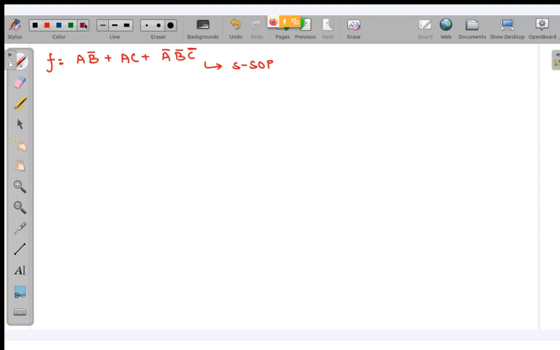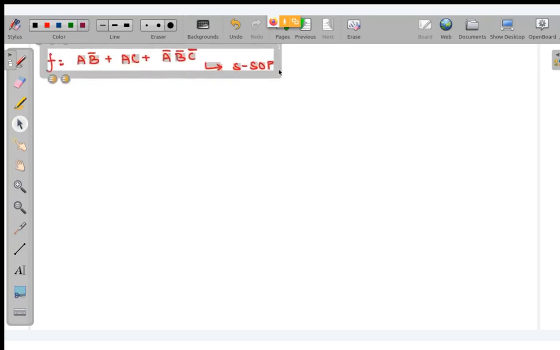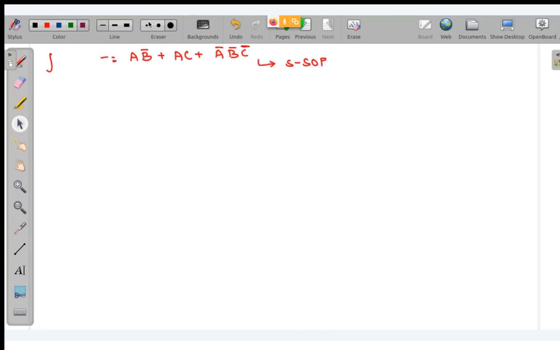So this is basically a 3 variable function. I should have written it like this, I'm very sorry. If I want to convert it into standard SOP, here C is missing, here B is missing.